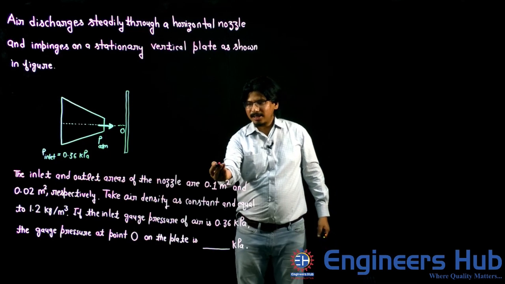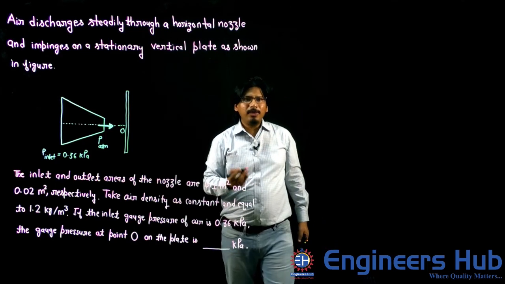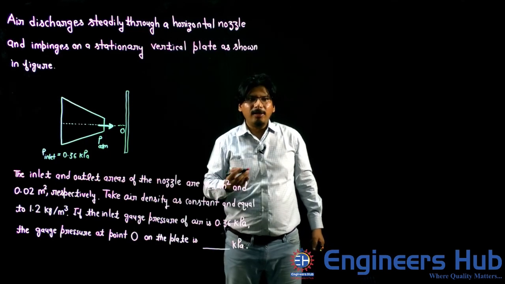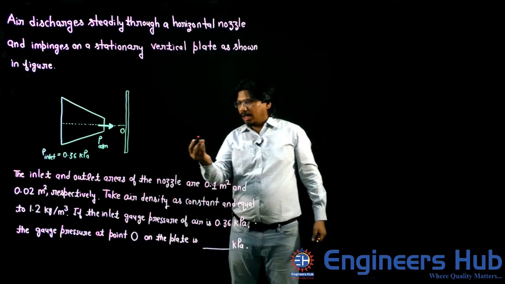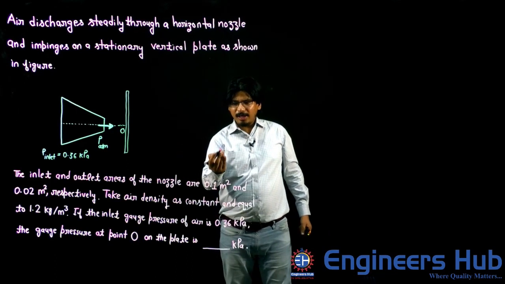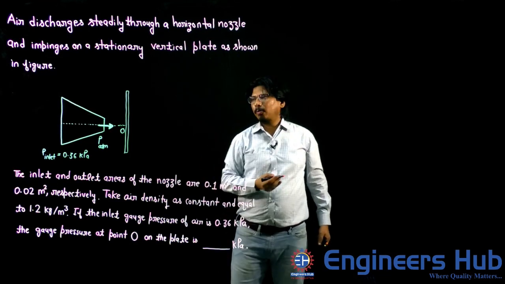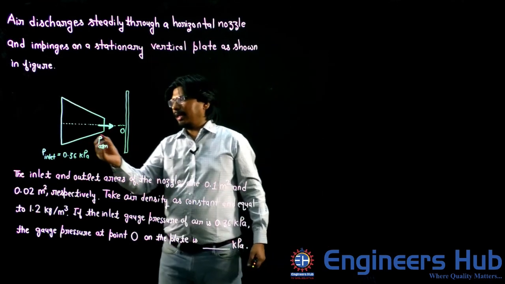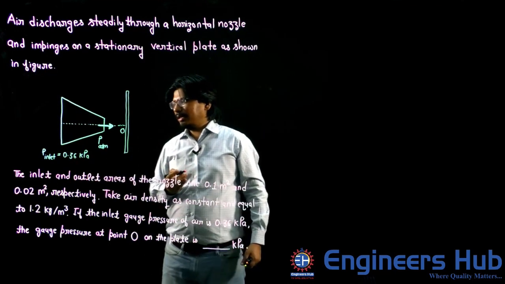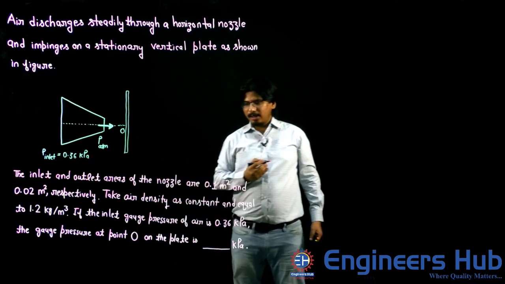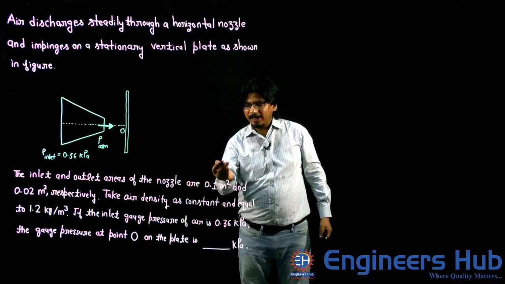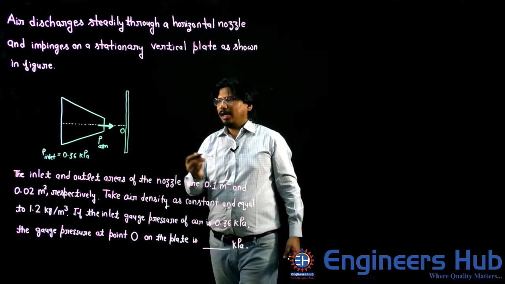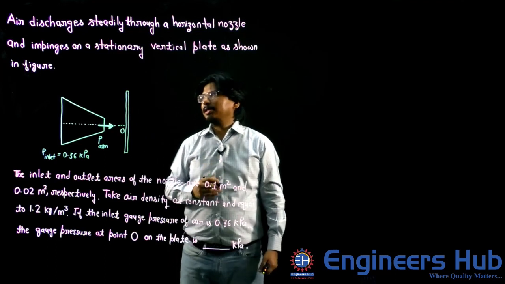So air density is given constant, which means they are saying the flow is incompressible flow. If the inlet gauge pressure of air is 0.36 kilopascal, so here at the inlet the gauge pressure is given 0.36 kilopascal. The gauge pressure at point O on the plate is dash kilopascal. Here he is asking the gauge pressure.